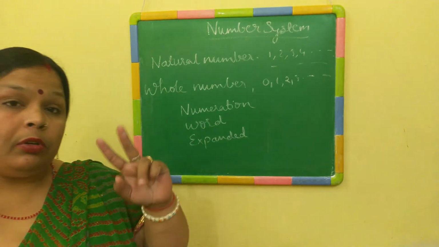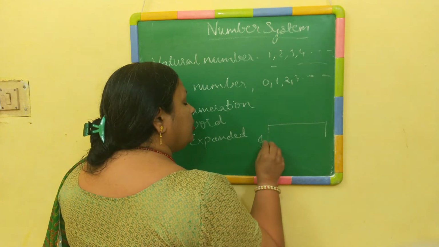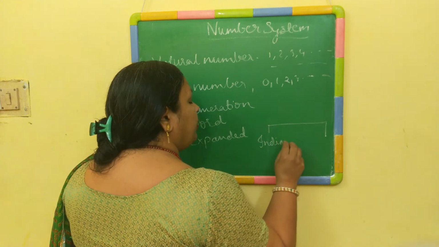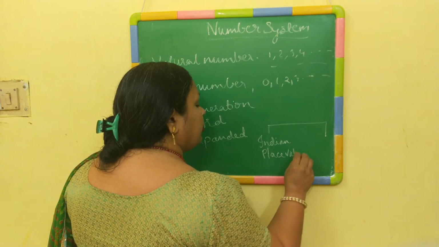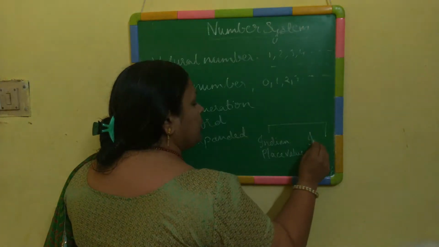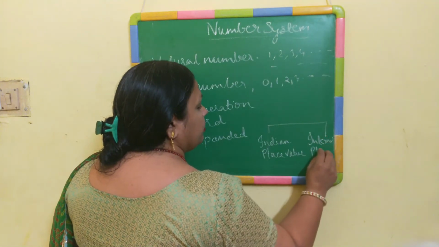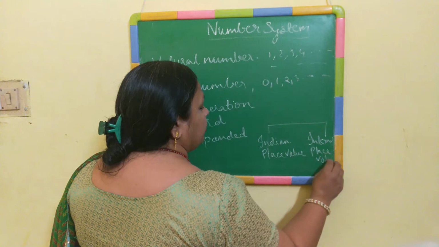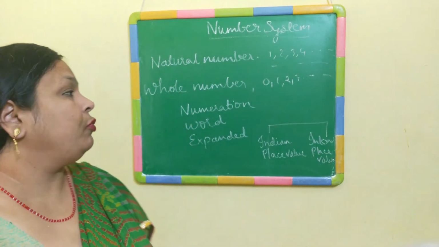These were based on 2 types of tables: one was the Indian place value chart and the other was the international place value chart. Now, what are the Indian place value chart and the international place value chart?